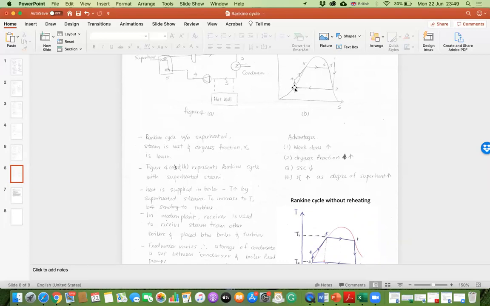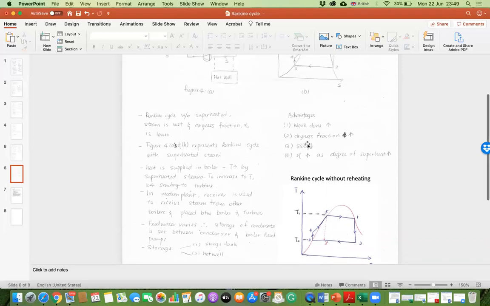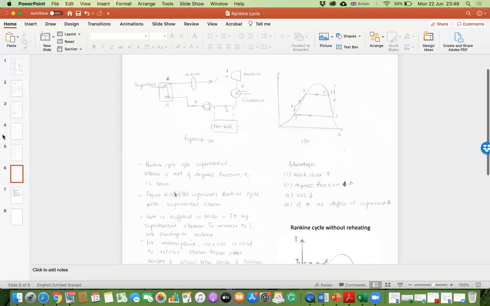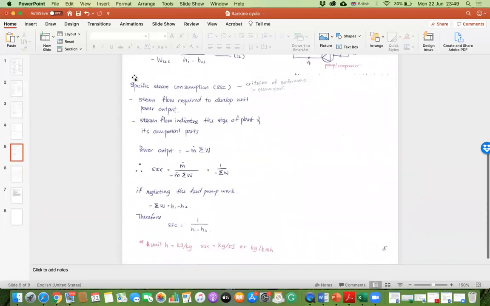And the dryness fraction is increased, so you no longer need another way to control or remove the moisture at 2, okay? And the SSC is decreasing. So what is SSC? We have to go back here. The specific steam consumption, okay?